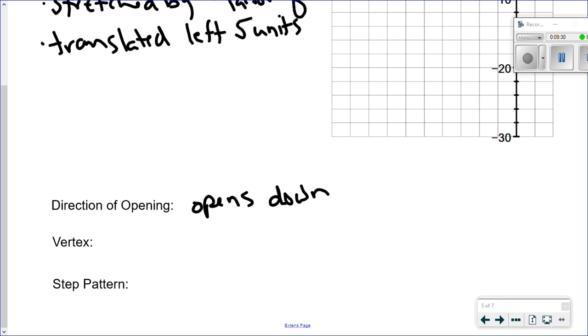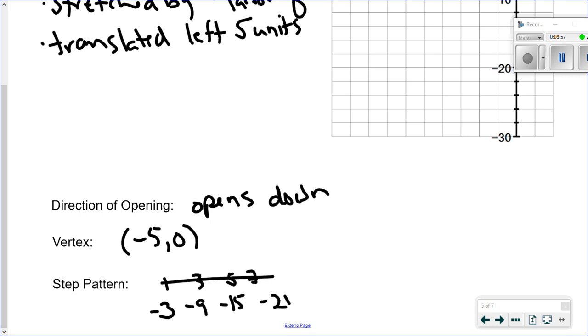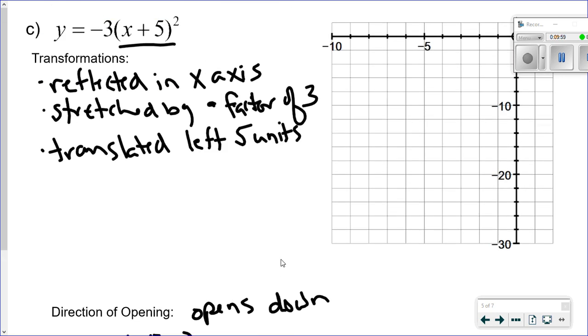My vertex this time, it's the X value that's changed, not the Y. And the step pattern, since it's a negative 2, which one am I looking at? Oh, there we go. Negative 3, there we are. All right, and away we go for graphing.